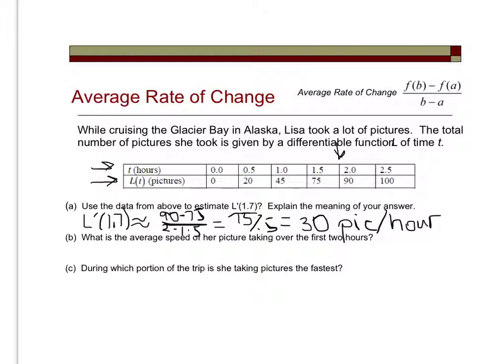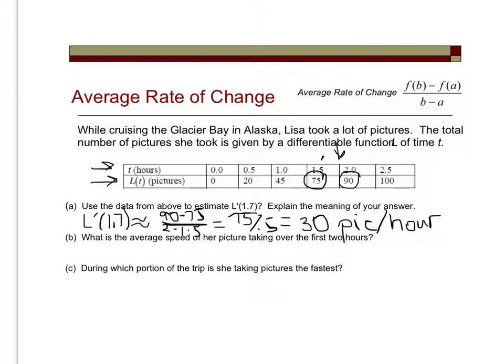Does that number make sense, that our rate of change is 30 pictures per hour at 1.7? We took 75 pictures at 1.5 hours and 90 pictures at 2 hours. Could we be changing 30 pictures per hour? Yeah, that makes sense because we changed 15 pictures in a half hour.